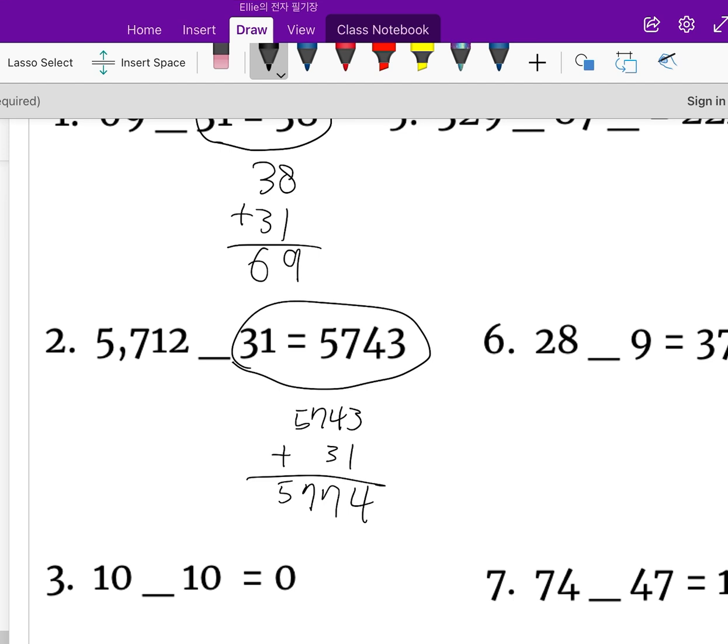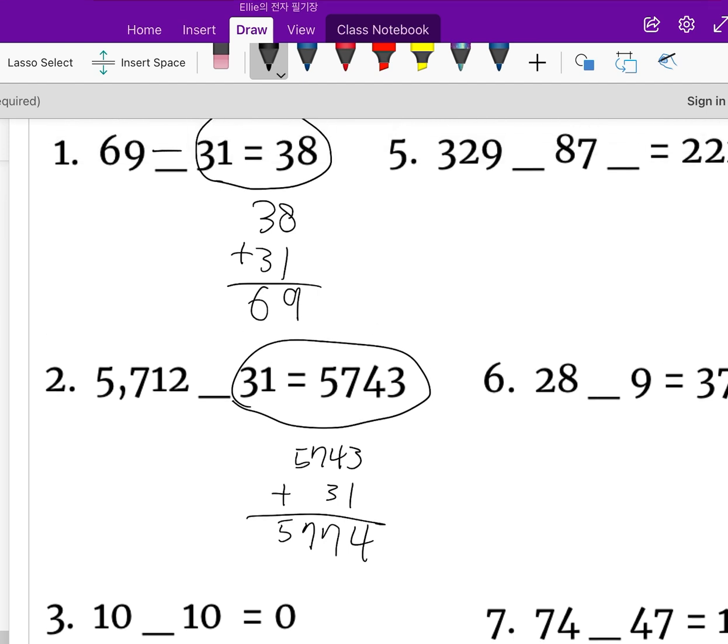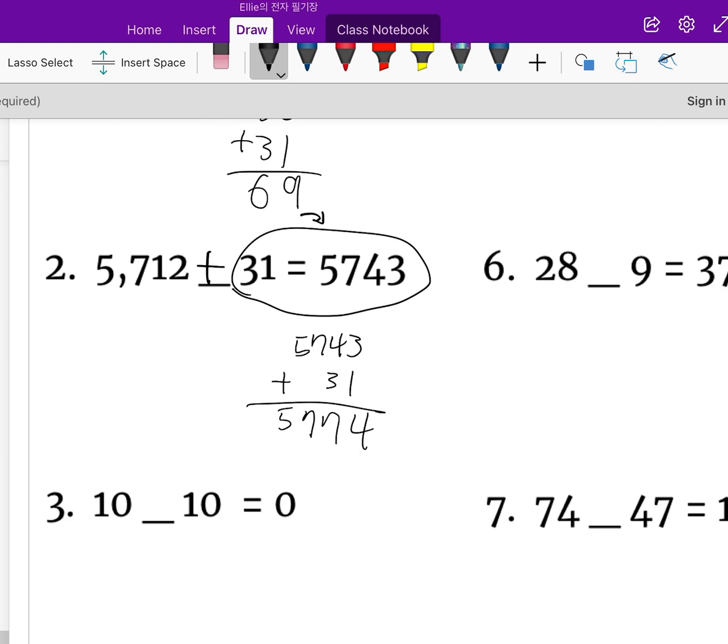But the number doesn't match, so this should be addition, because when you add them together, it should equal this number, as 5,712 is less than 5,743. If you subtract, the result is less than the original number here, which means it doesn't make sense.